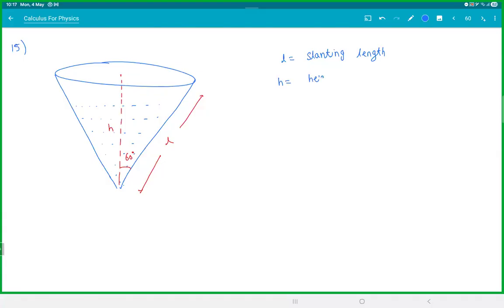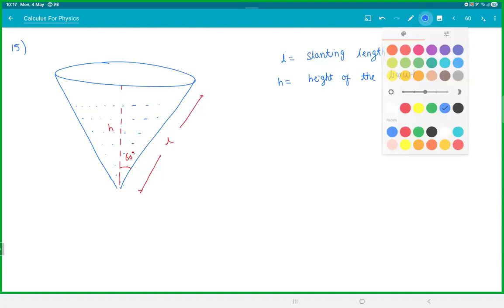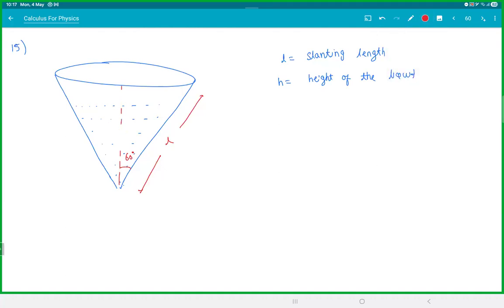H is the height of the cone. Or you can say actually height of the liquid. So this H is the height of the liquid in the cone. So L is also that slanting length of the liquid. Perfect. Now what happened?